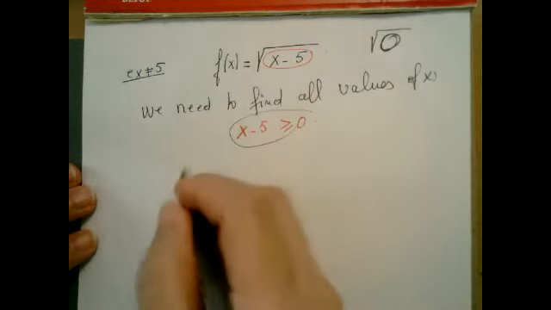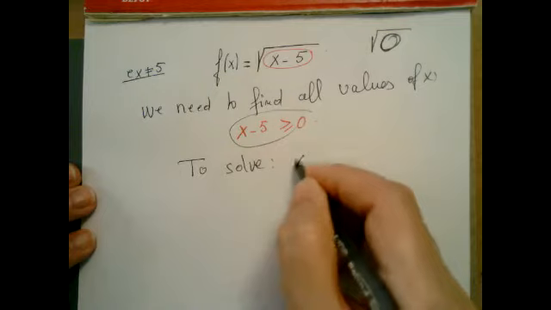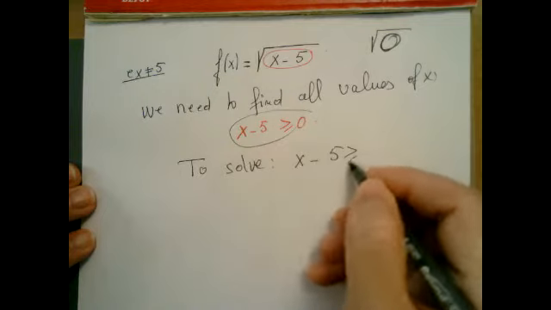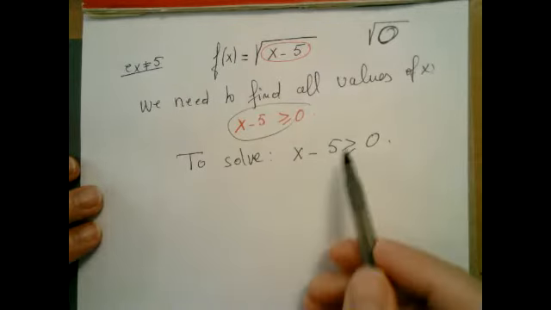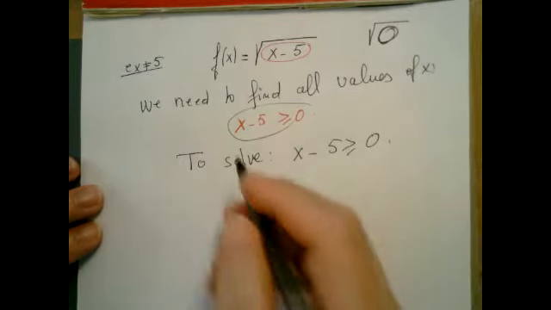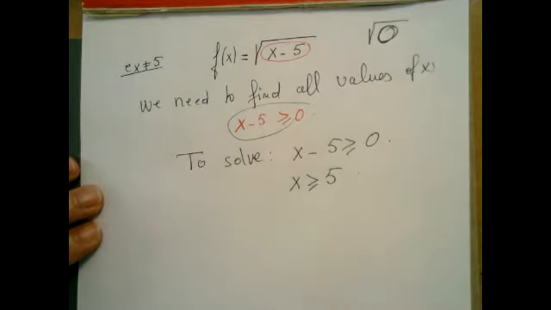So basically, I need to solve this simple inequality. How to solve a simple inequality like that? x minus 5 bigger or equal to 0. It means I need x bigger or equal to 5.